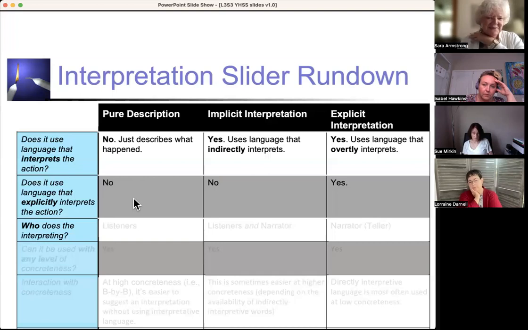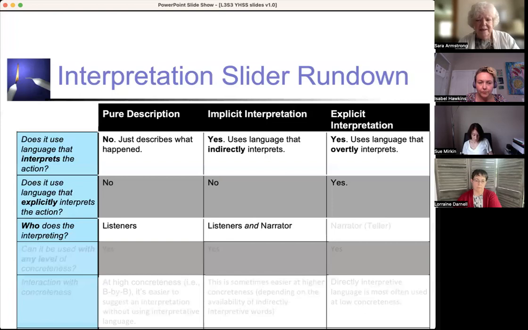Anyway, the point is that when it's pure description, the listeners get to do all the interpreting, because the writer or the narrator or whatever is not interpreting it for us. That's just what it means to be pure description. Okay. Who does the interpreting? So the listeners do, in the case of pure description.